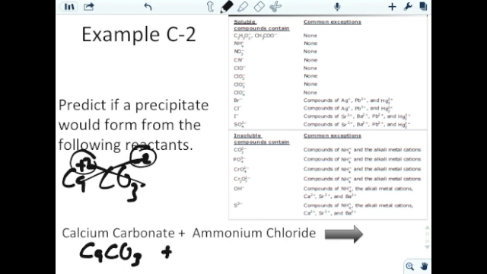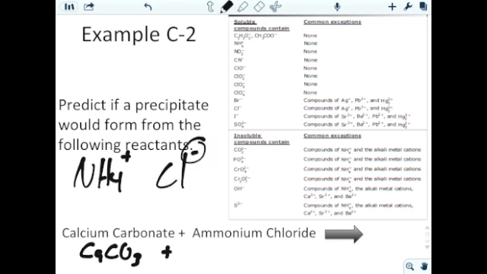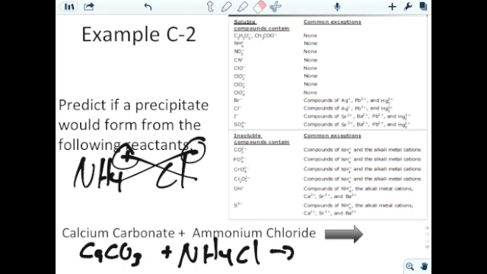So ammonium, okay, we know what that is. It's polyatomic. It's NH4 with a +1 charge. Chlorine, -1, crisscross, and we get NH4Cl.